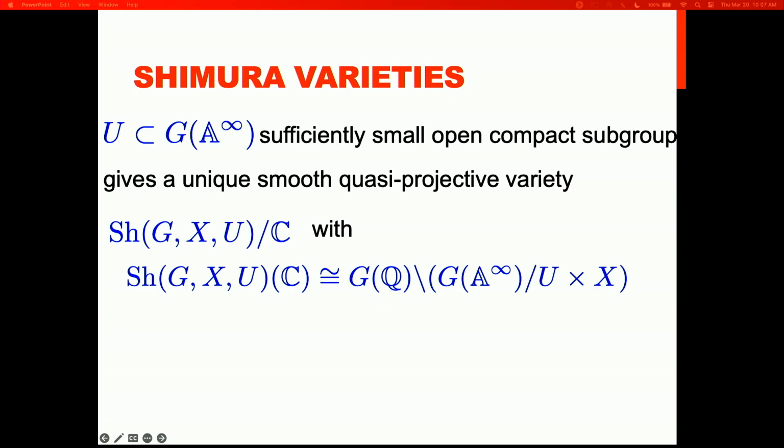In fact, it's a finite union of quotients of X by discrete subgroups of G(Q). And it's a theorem of Baily and Borel that this is a quasi-projective variety, and it's a theorem of Borel that it's uniquely so.